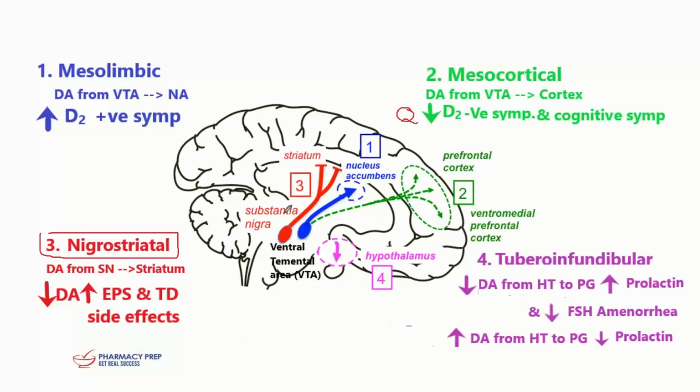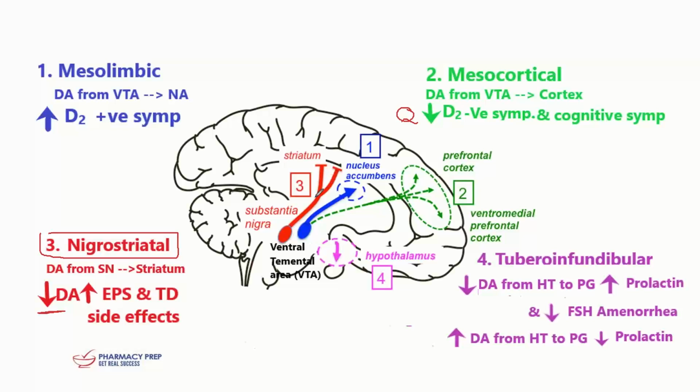Antipsychotic drugs are dopamine inhibitors or antagonists of dopamine, so most of them decrease dopamine activity in the nigrostriatal pathway, which can eventually lead to the side effects of those drugs.